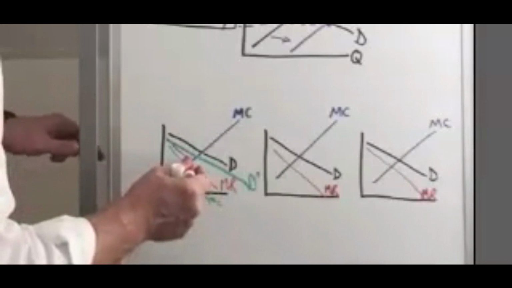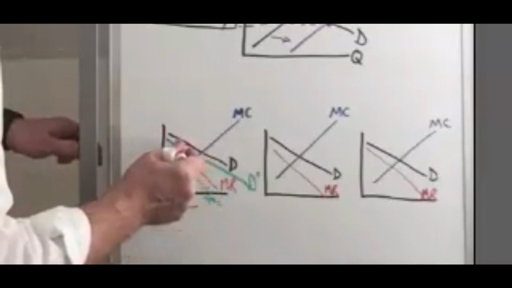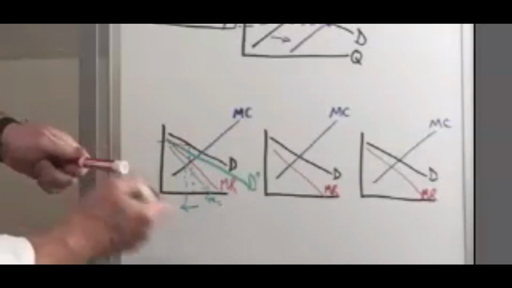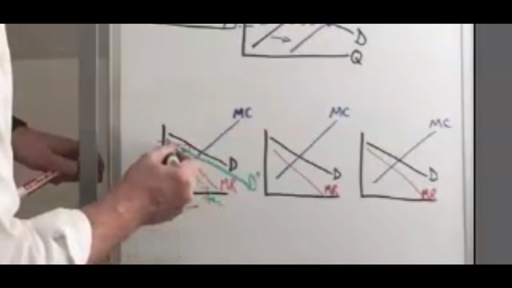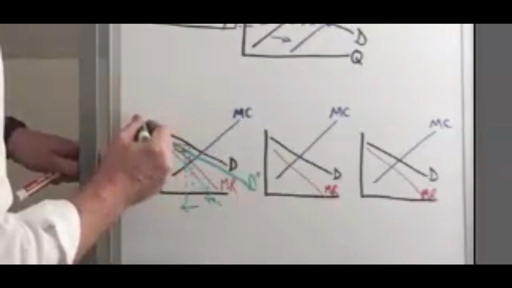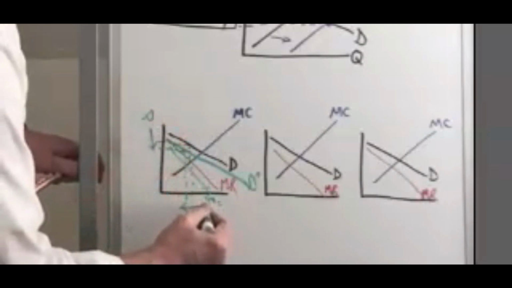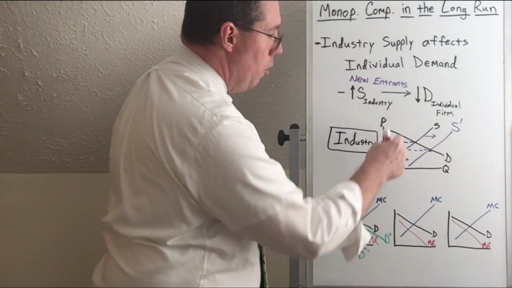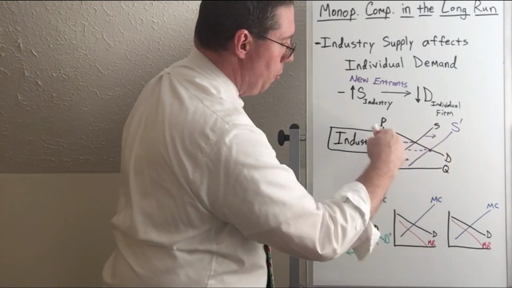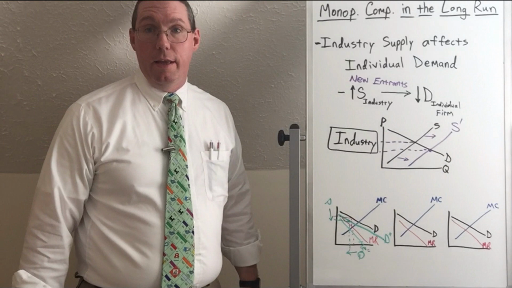But also look at the price. This is your old price up here, and this is your new price right here. So your price has decreased as well. Your price has gone down, your quantity has gone down, and that accounts for what's happening here in the industry, that there will be a decrease in price in the industry.